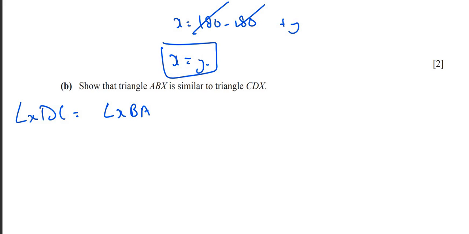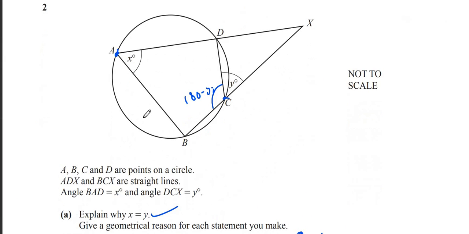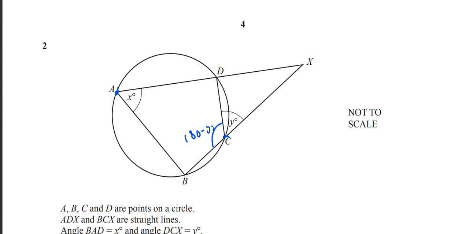Let me write it over here so that you guys don't get confused. Angle XDC is equal to angle XBA. Okay, both of them are the same. This is also x.